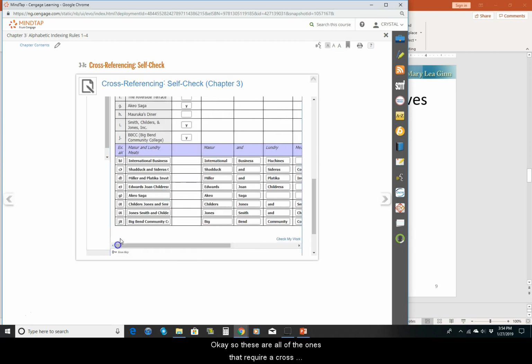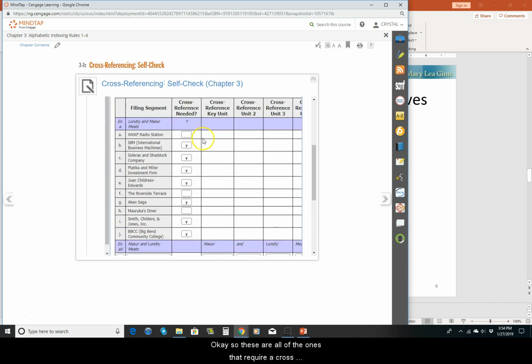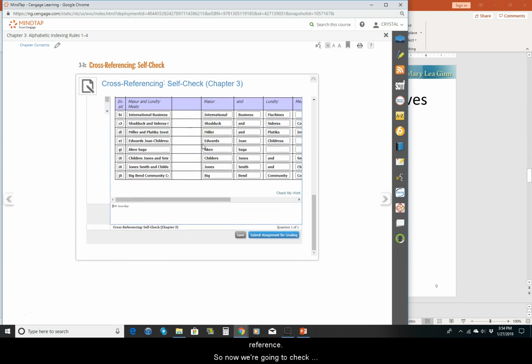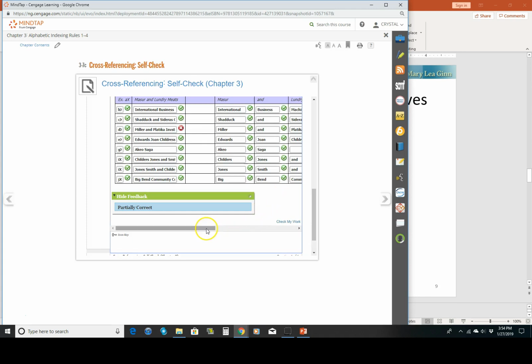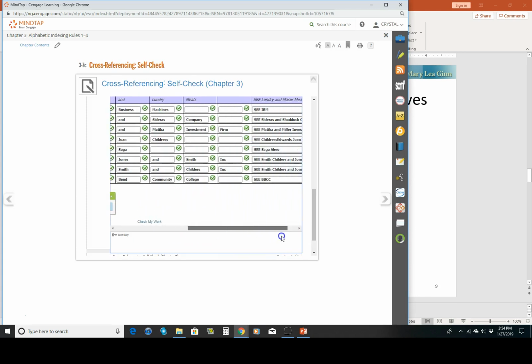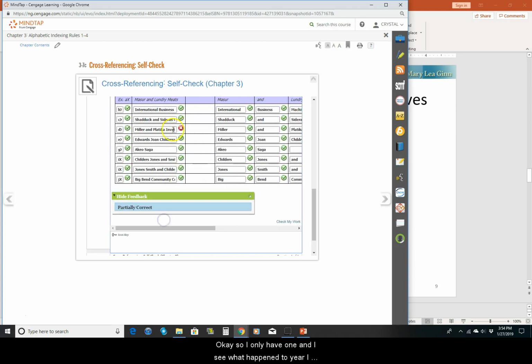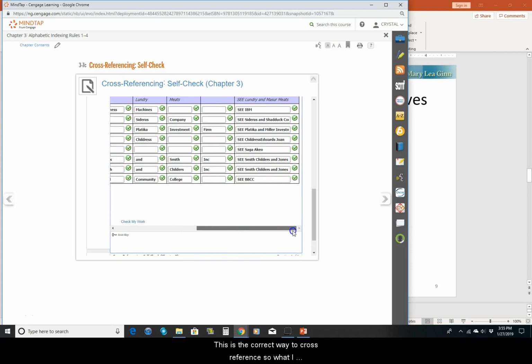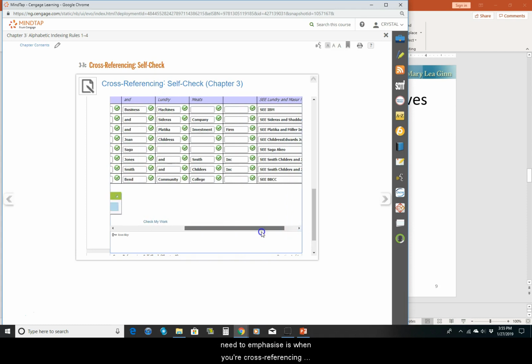Okay, so these are all of the ones that require a cross-reference. So now we're going to check my work to see how many I misspelled. Okay, so I only have one, and I see what happened here. I left out the E in investment.